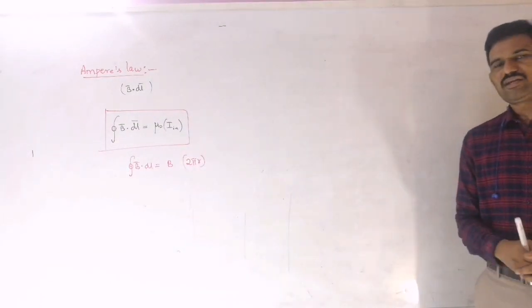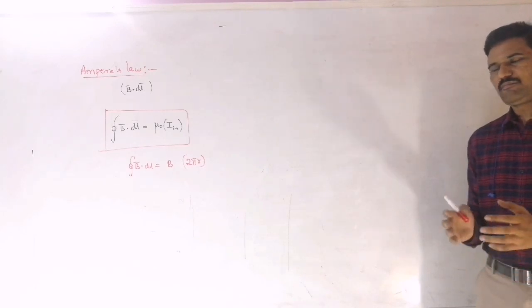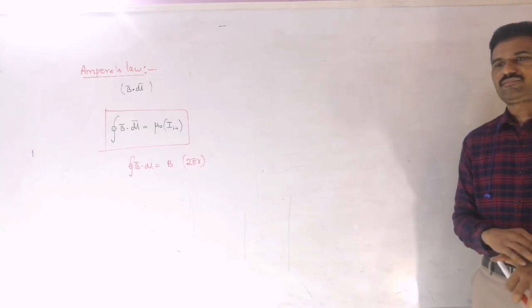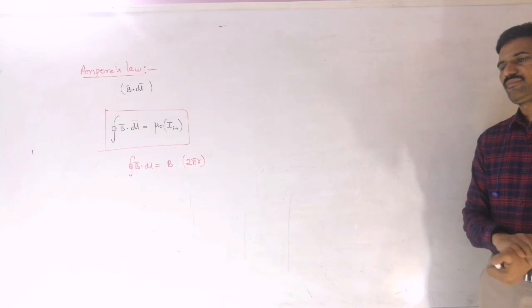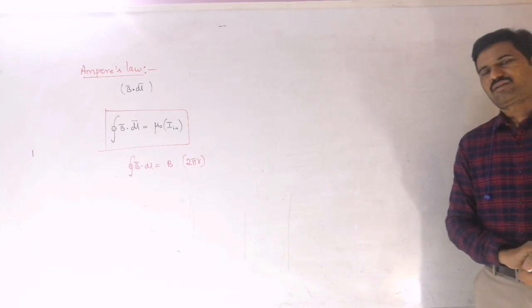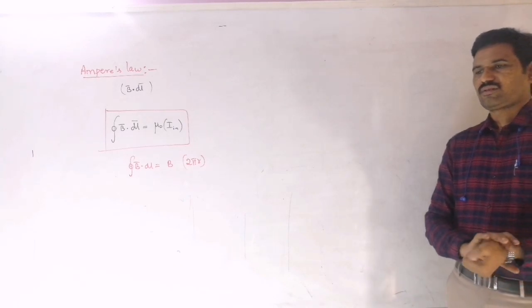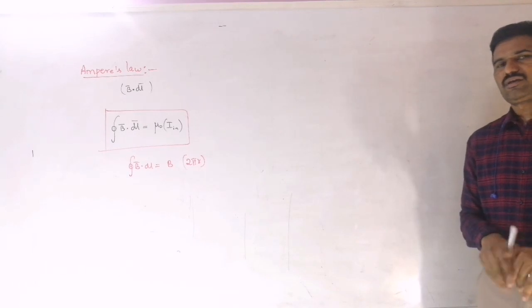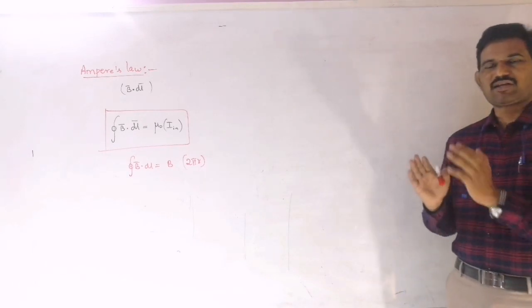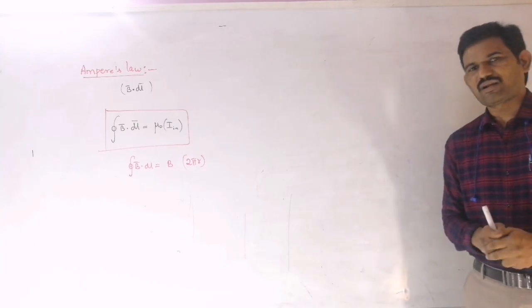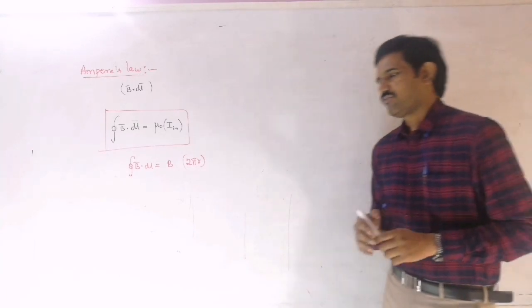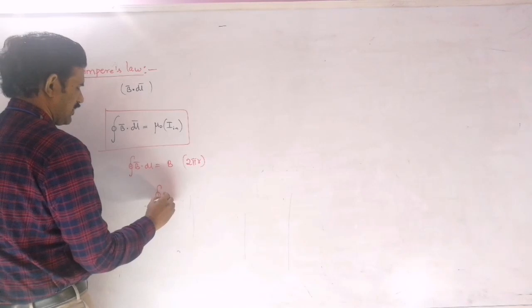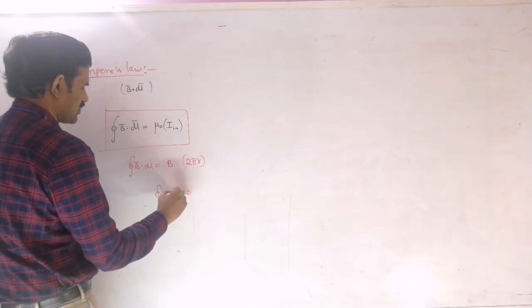And mention that if B bar and dl bar are perpendicular for a part of the path or for all of the path, then in some cases it may be perpendicular only for certain parts and parallel for other parts. Where they are perpendicular, the integral of B bar dot dl bar will be 0.